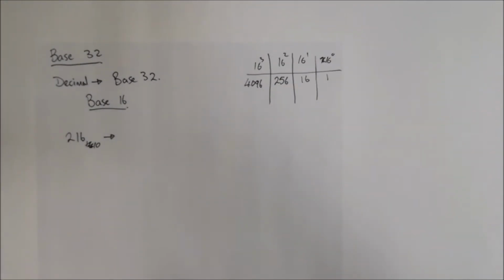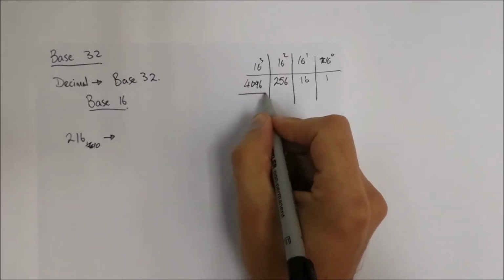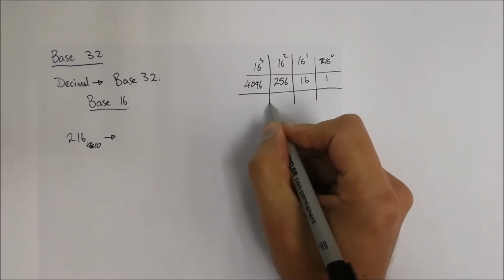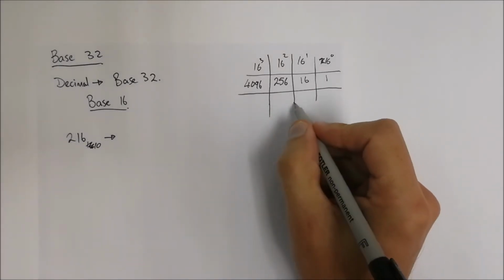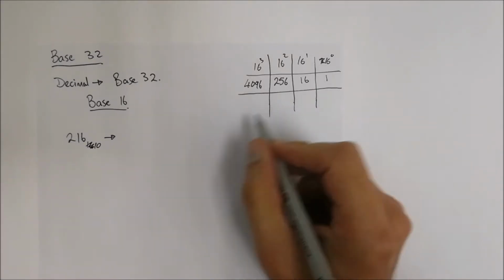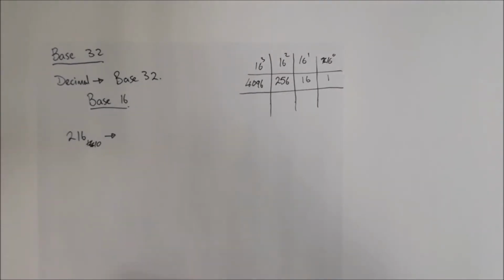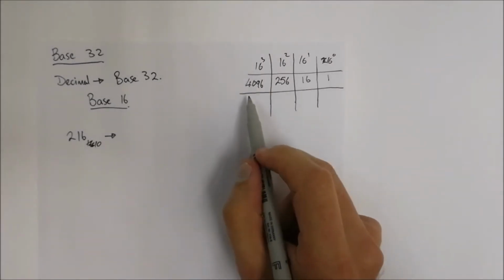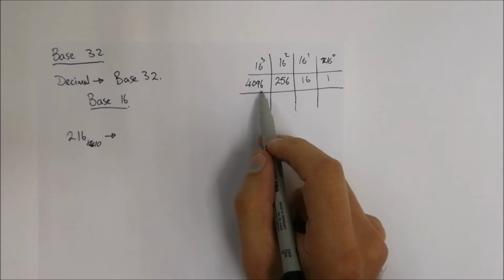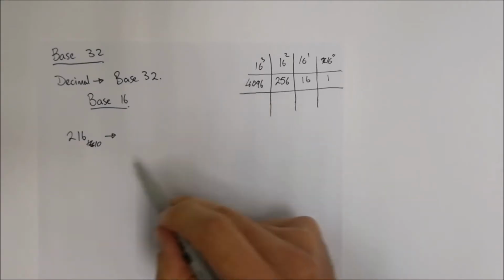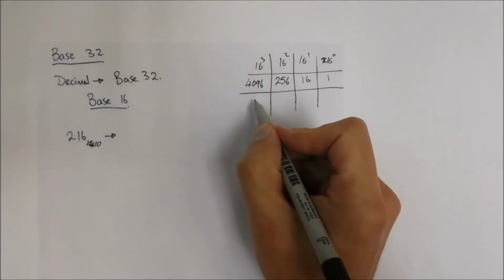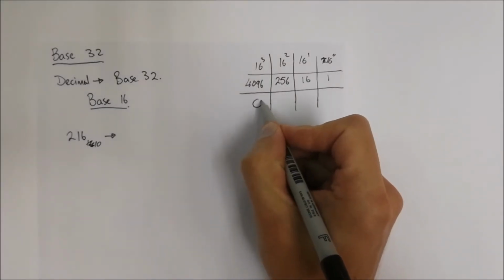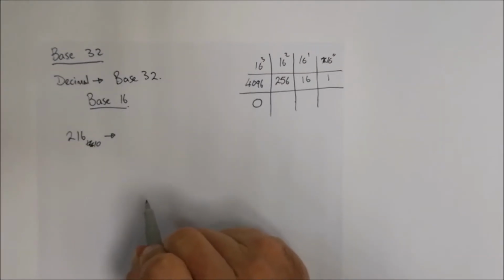Okay, so the approach we take to determine what 216 might be in a base 16 number is we first have a look at 4096. Does 4096 go into 216? No, it doesn't. So we place a 0 over there.